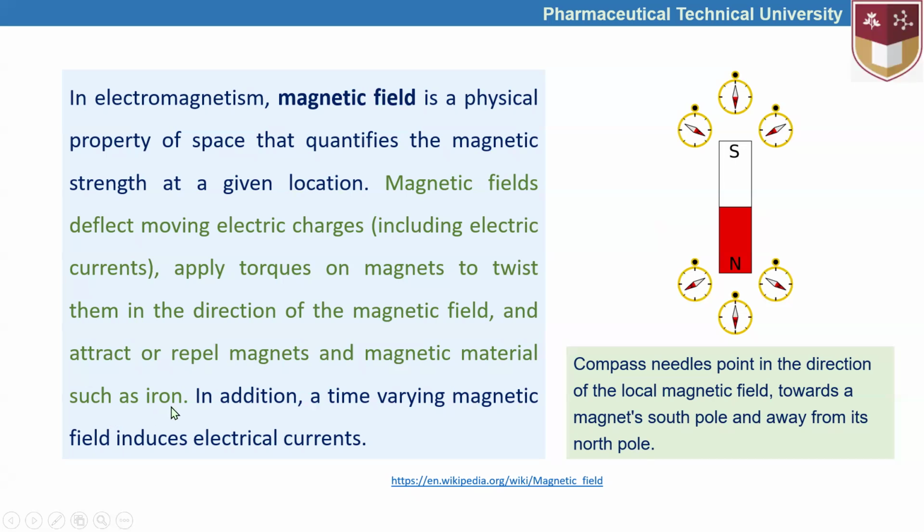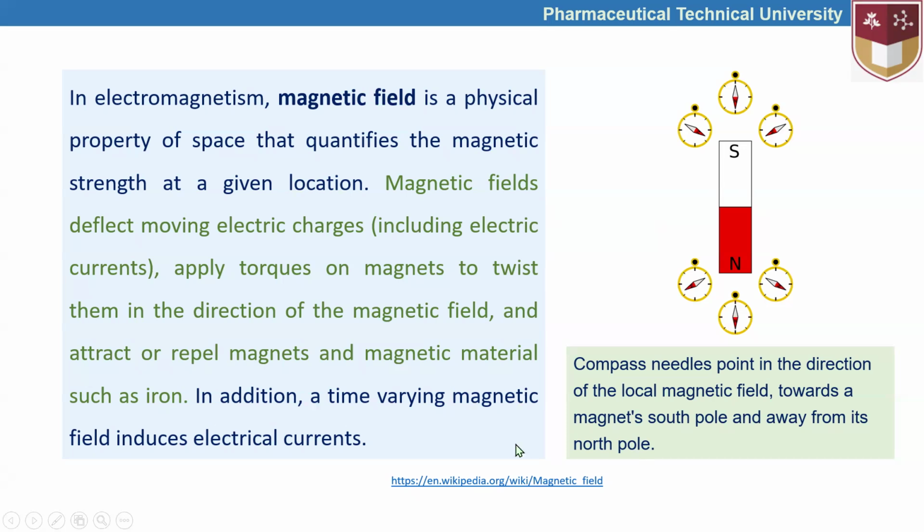So the magnetic field affects the nucleus as well, because the nucleus has its own magnetic field. The magnetic field of the nucleus is affected by the external magnet. This is the point that we can use to determine the NMR spectrum of compounds.